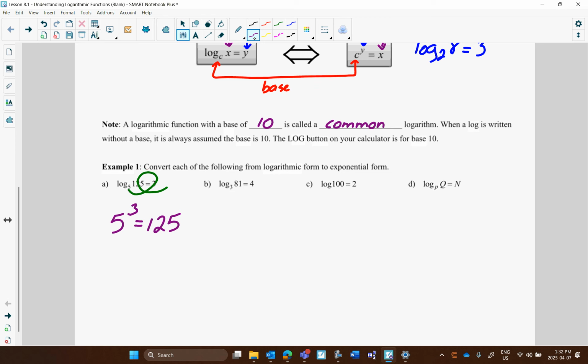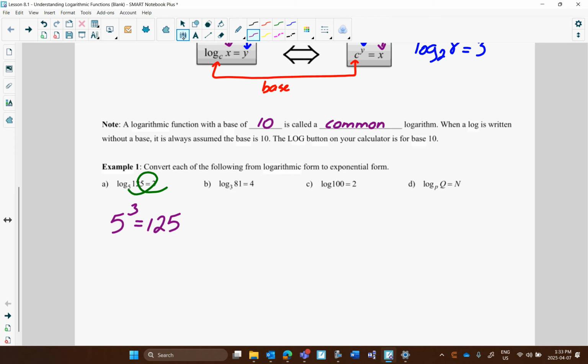So if you did it incorrectly, like let's say if you did this by mistake, you should be able to recognize that you made a mistake. Because 3 to the 5th, no, that's not 125. That doesn't make any sense. So I must have made a mistake.